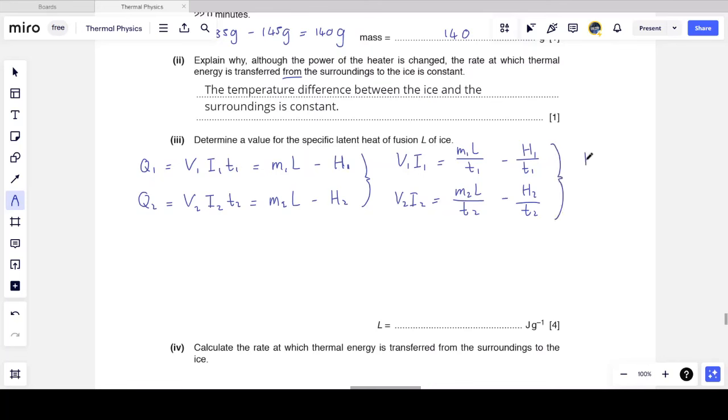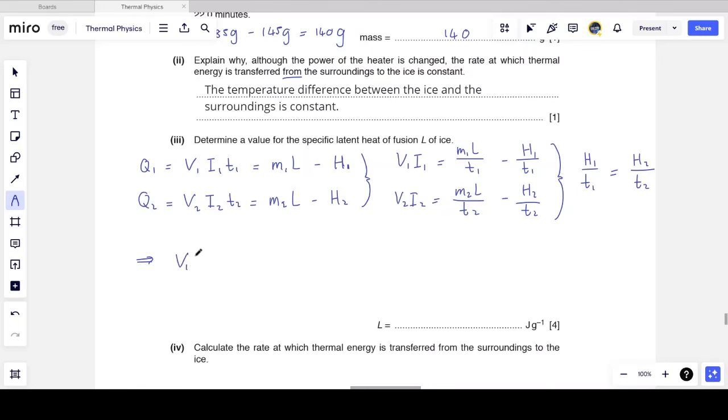And what can I tell? Well, I can tell the exact same thing again. The rate at which the heat is taken from the surroundings will be the same because the temperature difference is the same. So H1 over T1 is H2 over T2. So I can subtract one equation from the other. Whichever way you subtract is completely up to you. I'll subtract the second equation from the first.